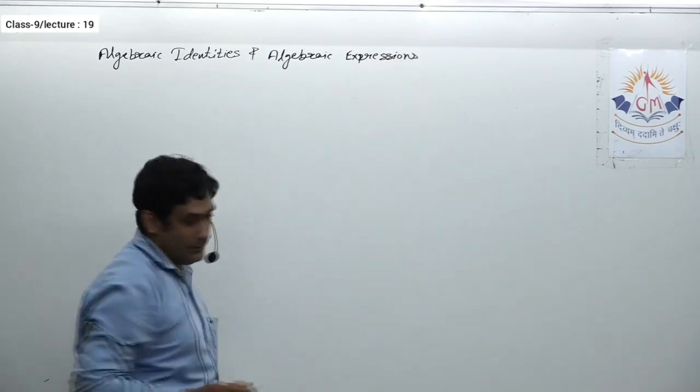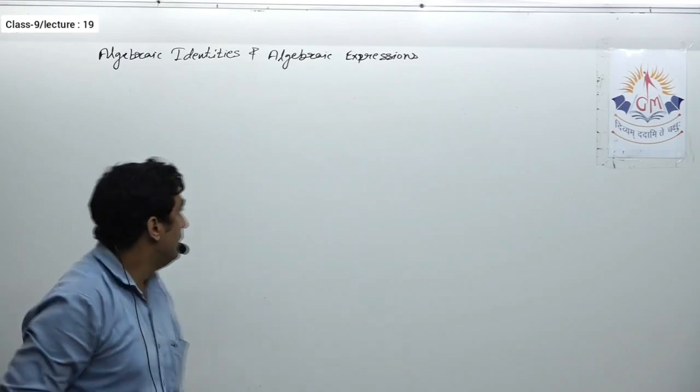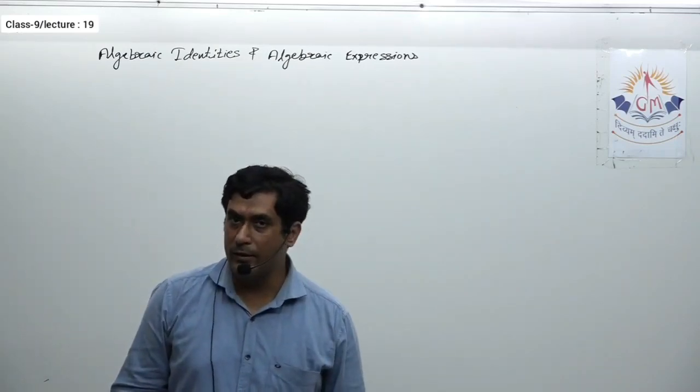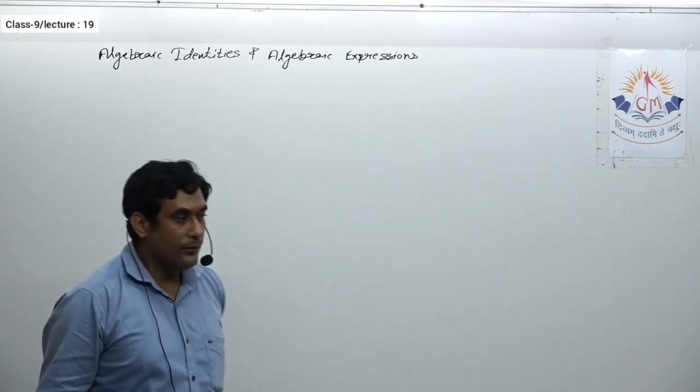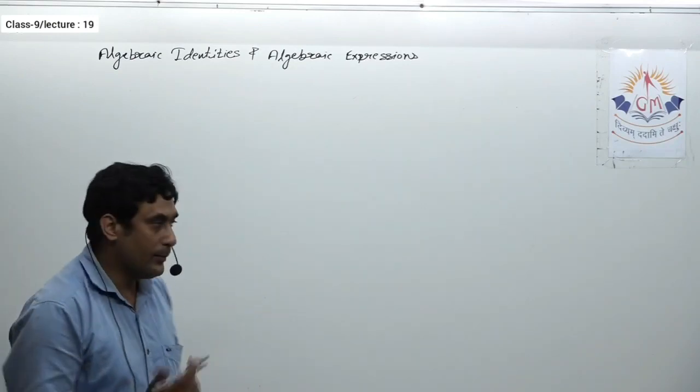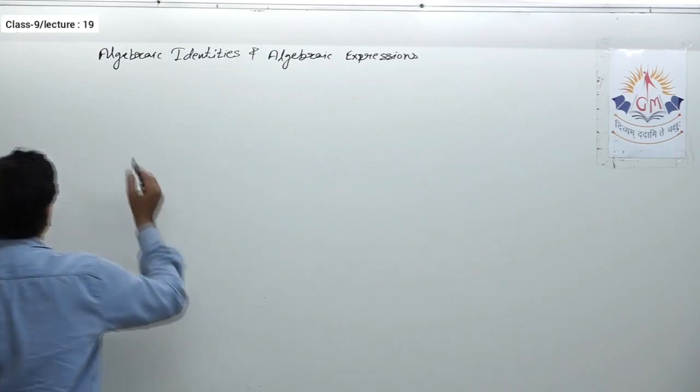We'll start this chapter with some of the identities. Some of the identities you have already seen in your previous classes. We'll cover those as well as see the new identities, and then we'll proceed in the chapter.